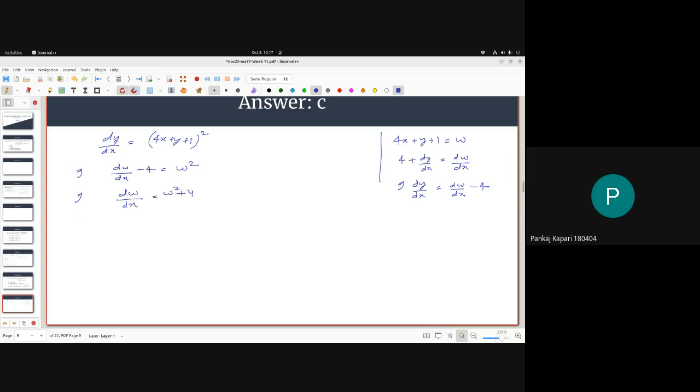So this is again an equation of separable type. So we take all the terms involving w to one side and integrate plus a constant. Okay, so if you integrate this w square plus 4, then we will have half of tan inverse of w by 2 is equal to x plus c.